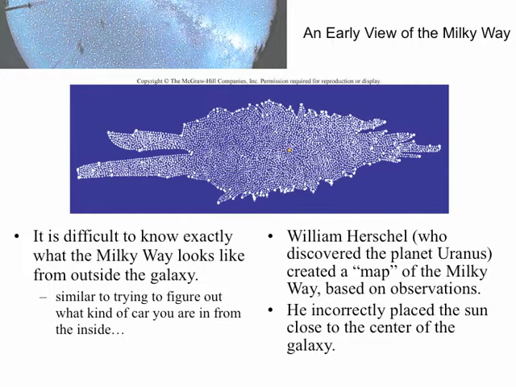Once astronomers started to try to tackle this problem, they began to try to map out what we observed as this band going across the sky. William Herschel attempted to map out what he saw, and he deduced incorrectly that the sun would be probably pretty close to the center of this collection of stars.